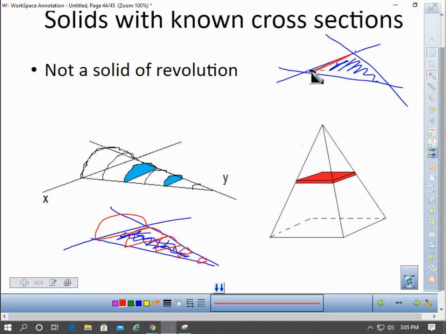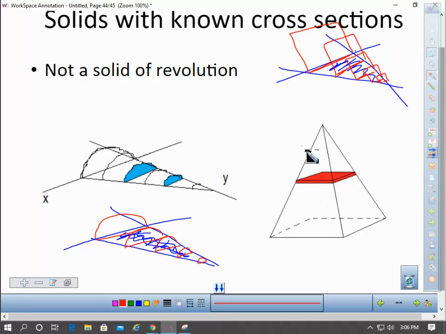I put the side of the square here, and then here I got a square, and then here I have a square. I'm building squares on it. You get a pyramid type of shape where the known cross sections are squares, or you could use rectangles if you wanted to.